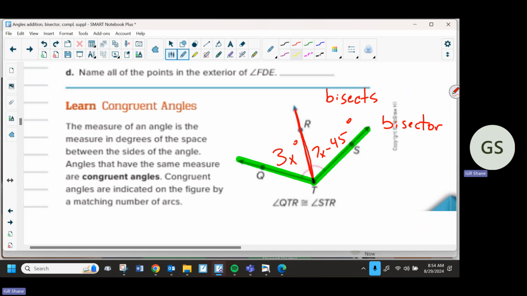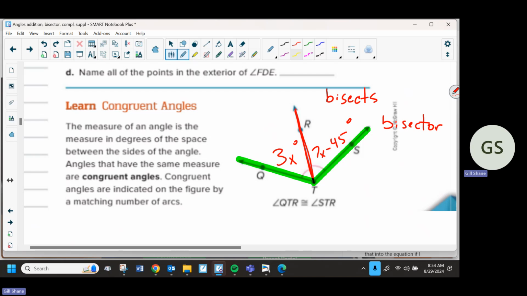Now we're getting into how the question will be. What do we know about those two angles? They're equal to each other. So if we can say it in words, here's where I keep coming back to: if you can say it in words, just figure out how to make that into the equation.